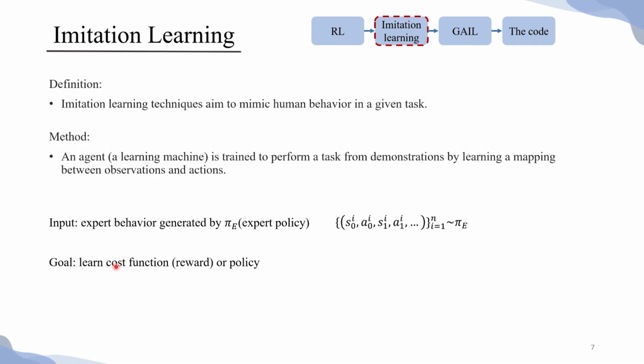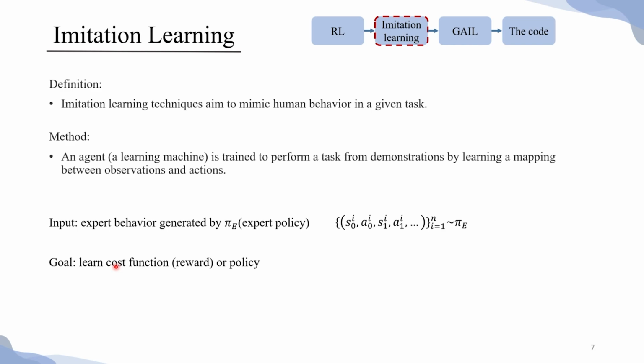In many fields, such as self-driving vehicles and assistive robots, there is a need for agents that act like humans. However, learning through reward functions alone has become difficult to cover all the many and complex scenarios.